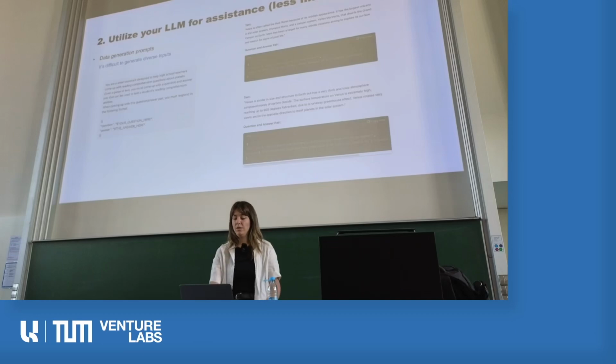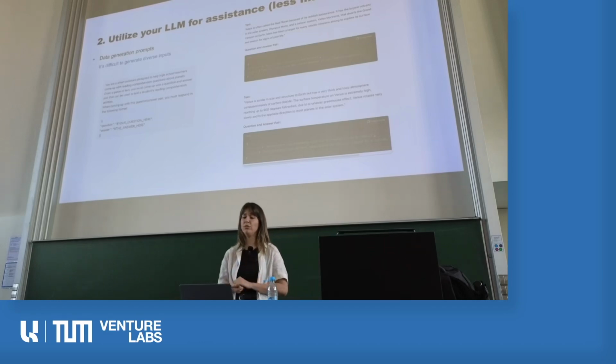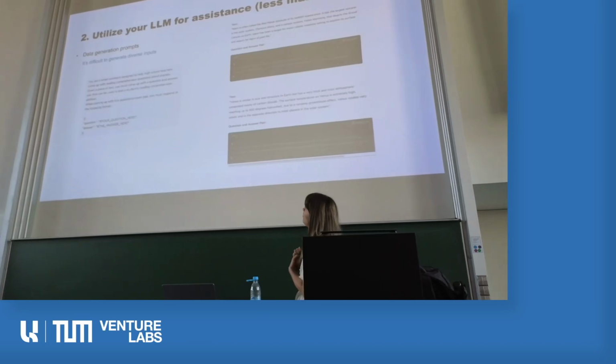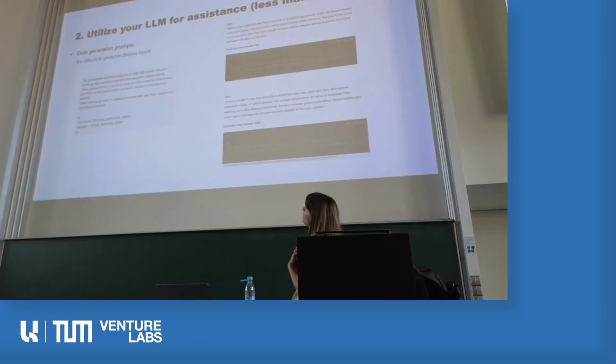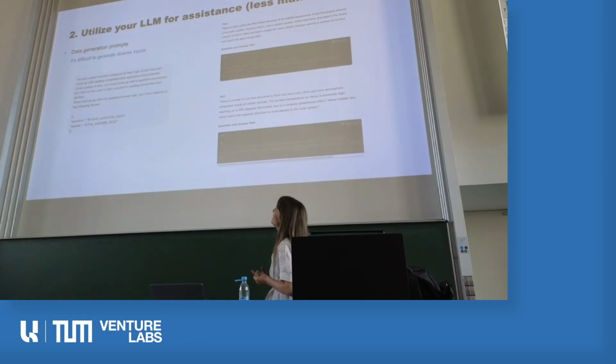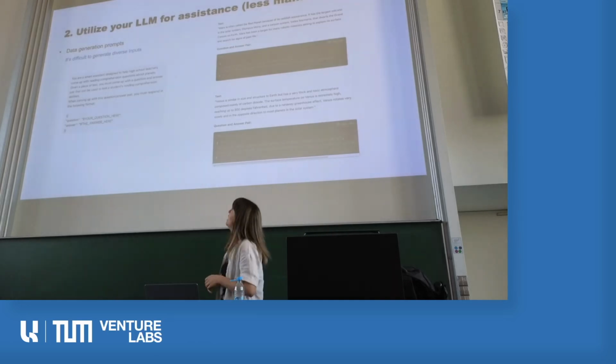The second point is that you can utilize your LLMs for assistance. This is a bit less manual. I put here one example with planets, because I also wanted to be an astronaut when I was a kid. Basically, you can say, you are a smart assistant designed to help high school teachers come up with reading comprehension questions about planets.